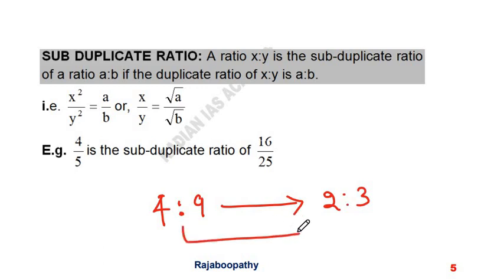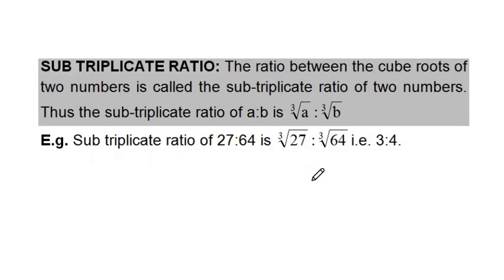The duplicate ratio of 4:9 is 16:81. Similarly, the sub-triplicate ratio is the ratio between the cube roots of the two numbers. This is cube root of A and cube root of B. Sub-duplicate means square root, sub-triplicate means cube root.